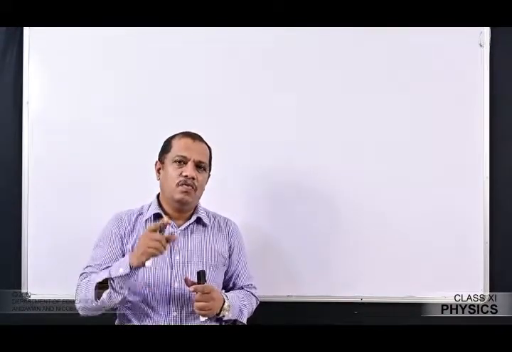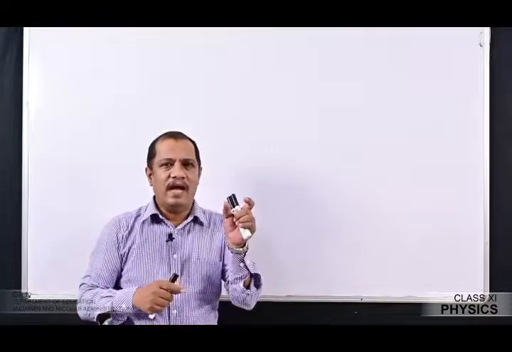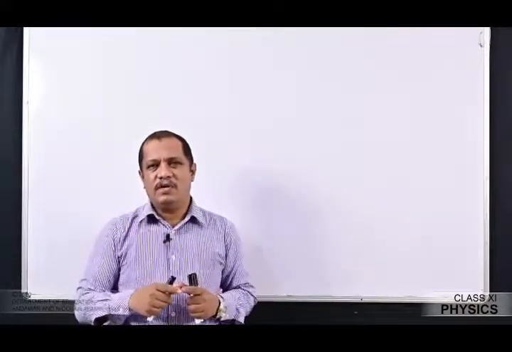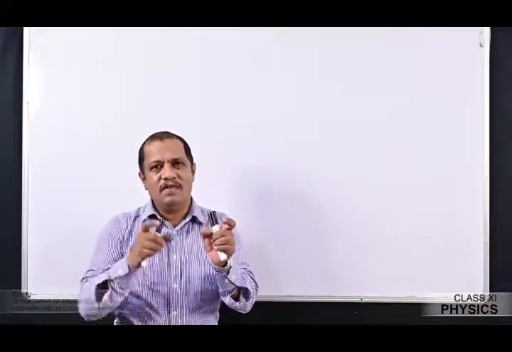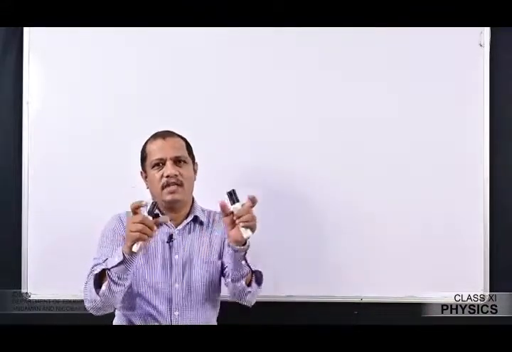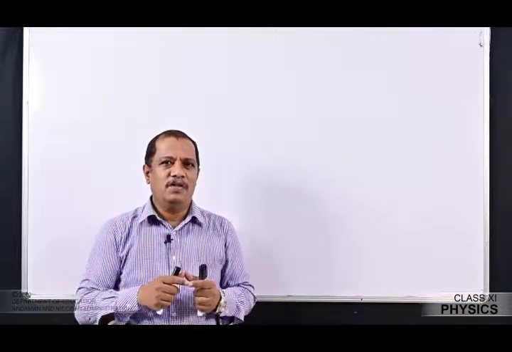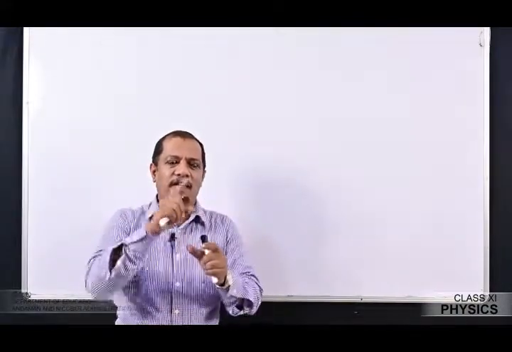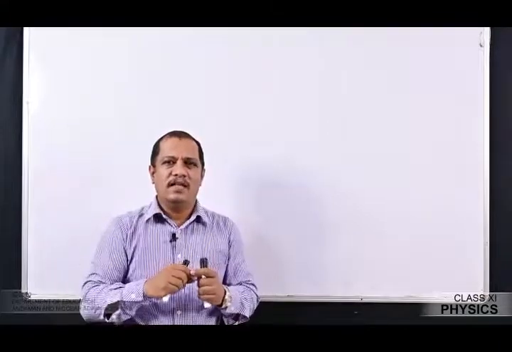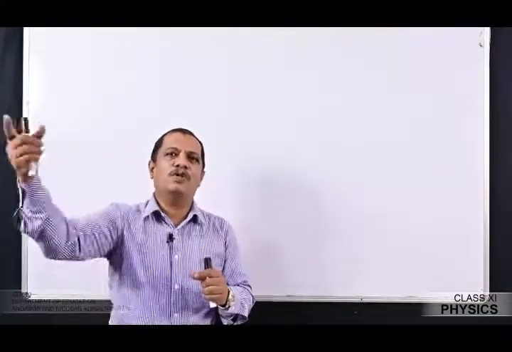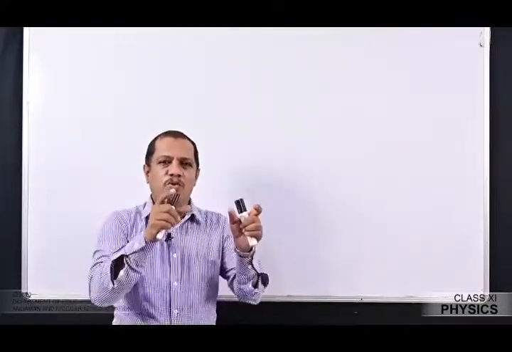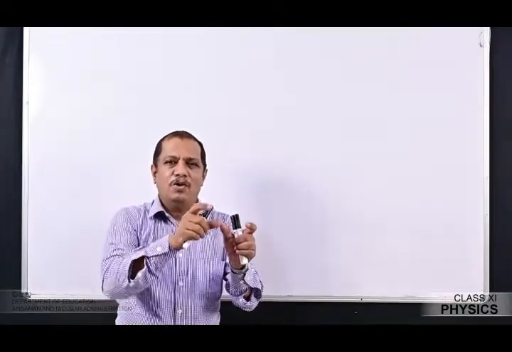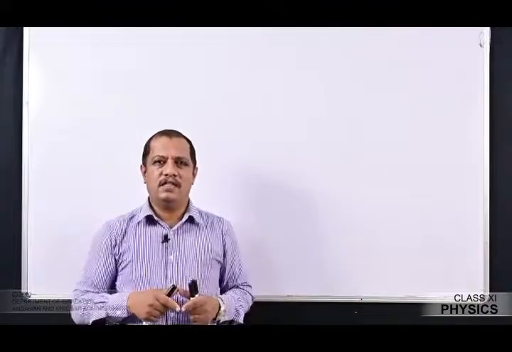I mean that force is a vector quantity, so I can add force with force. Velocity is a vector quantity, so I can add velocity with a velocity. I cannot add force with a velocity. That means two vector quantities of same nature can be added. When I add force with force, then the result I am going to get will also be a force. So two same nature of physical quantities can be added to get the same nature of physical quantity.